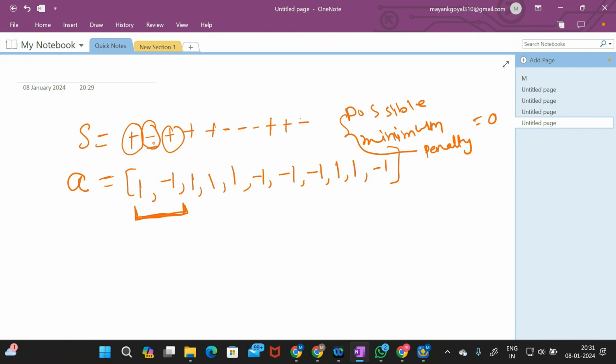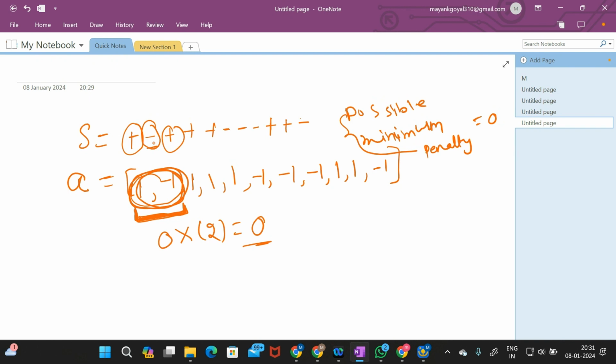We try to make the penalty 0. If we take this sub-array 1, minus 1, when we add both elements we get 0, and we multiply by the length of this array, we get 0 penalty for this array.